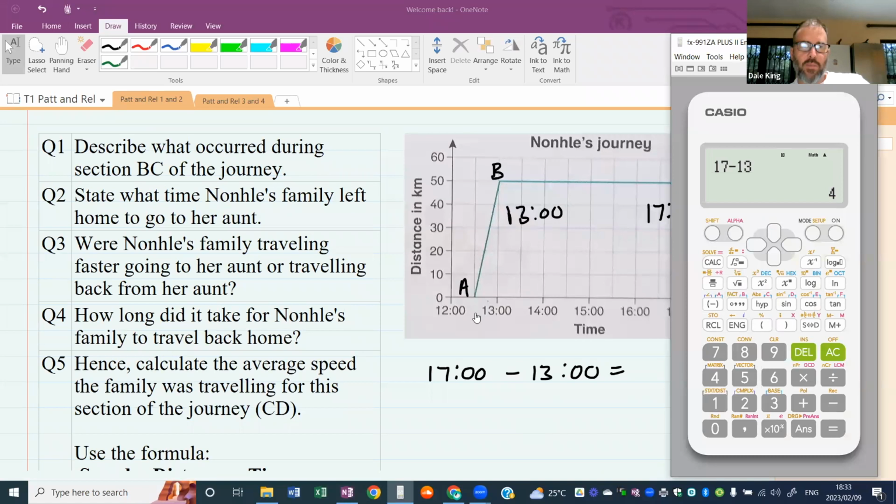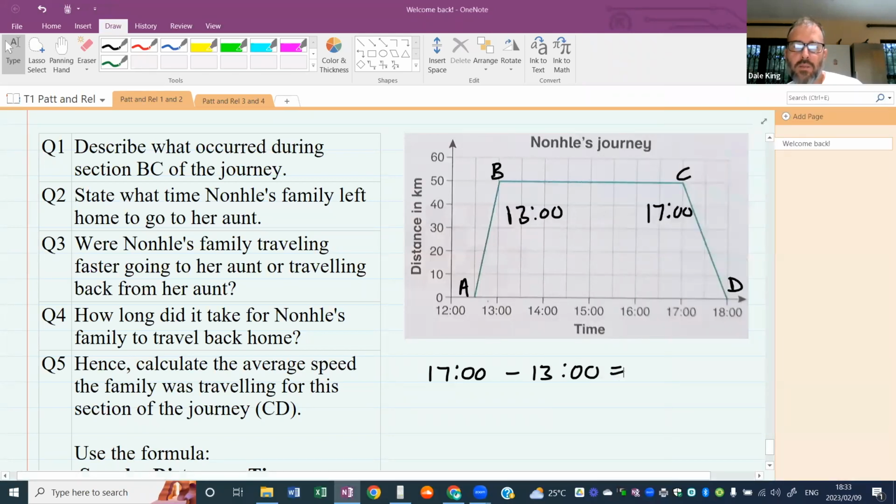So people hit us with the 5s first and then the 4s at the back. Okay, so to confirm the answer, we have to find the difference by calculation. We subtract them and we get 4 hours.